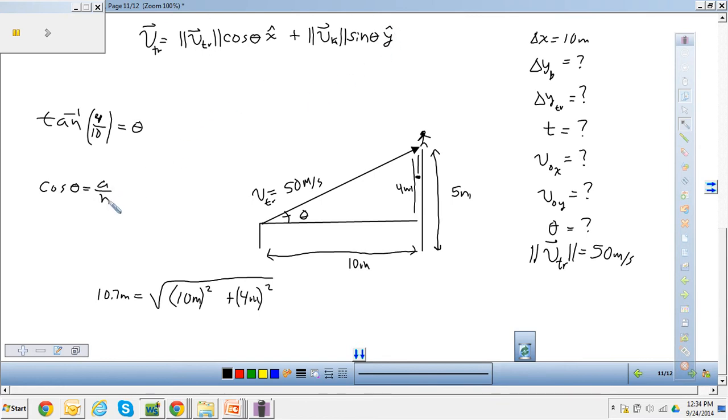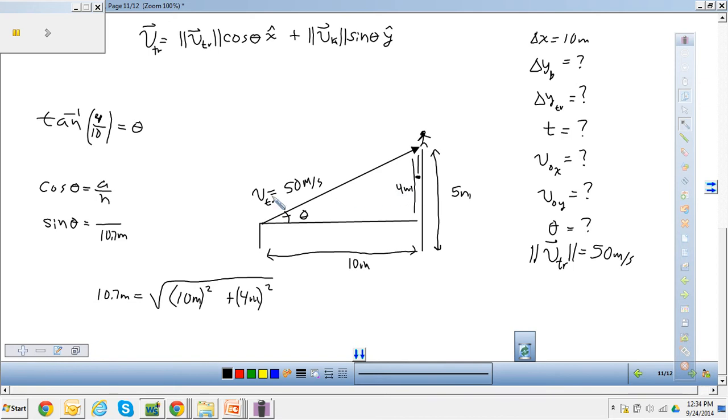Now, if we knew what the hypotenuse was, let's see. If we know sine, we know the hypotenuse is 10.7 meters.